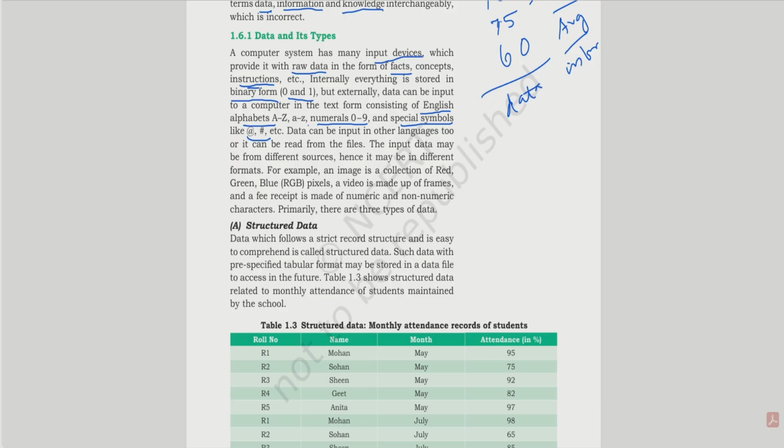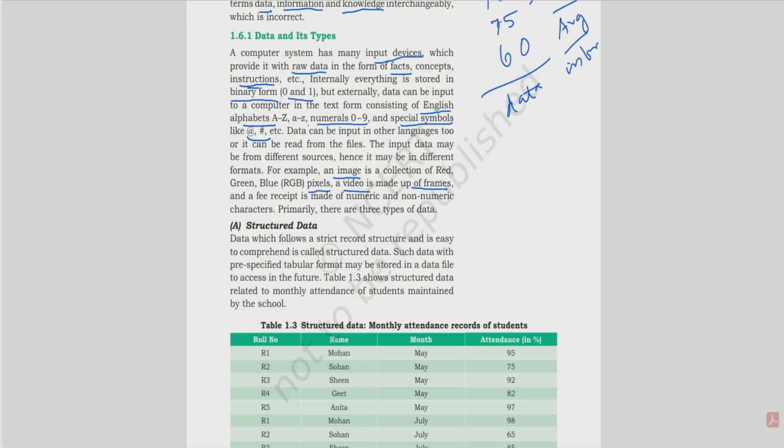The input data can be from different sources, so it can be in different forms. For example, if the input data is an image, then the image is a collection of pixels. Similarly, if the input is a video, then it is made up of frames.